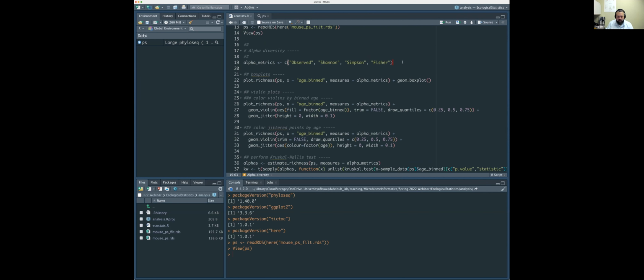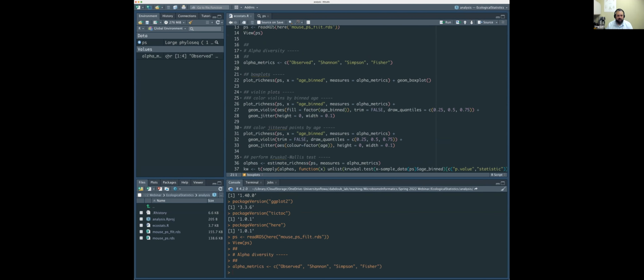Here I've grouped four of the alpha metrics into one vector that we will run simultaneously, called alpha_metrics, that contains Observed, Shannon, Simpson, and Fisher, those metrics for calculating alpha diversity.